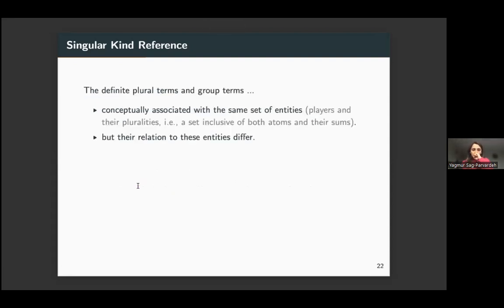As I told you, a plurality like the players and the team are associated with the same set of entities. We have players and their sums, a set inclusive of both atomic singular players and their sums. But the relations of plural terms versus group terms with these entities differ.